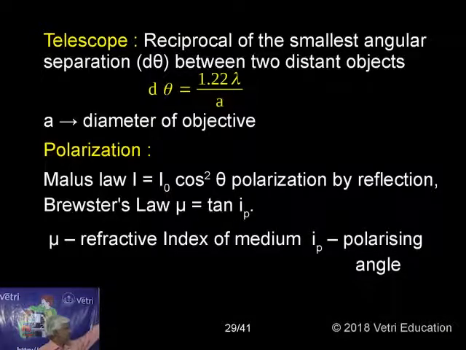And also we want to discuss the polarization by reflection. The polarization by reflection was actually given by the scientist Malus. But in our state board book, they directly converted it into Brewster's law.